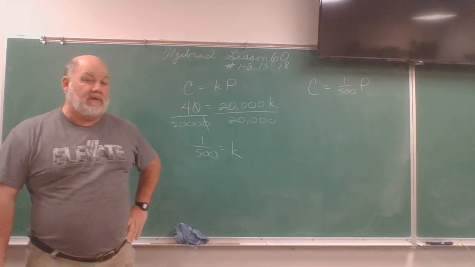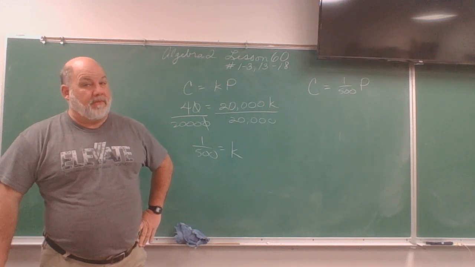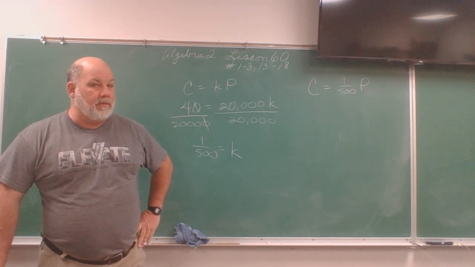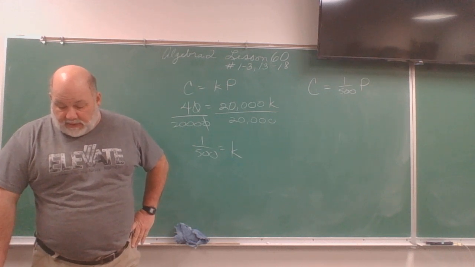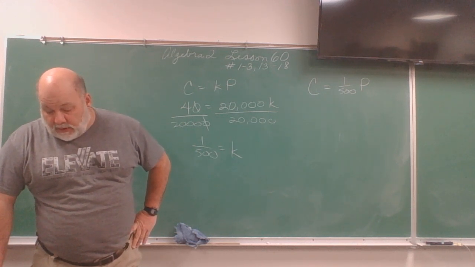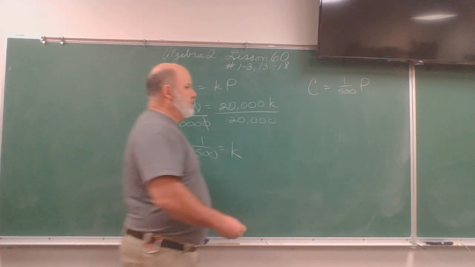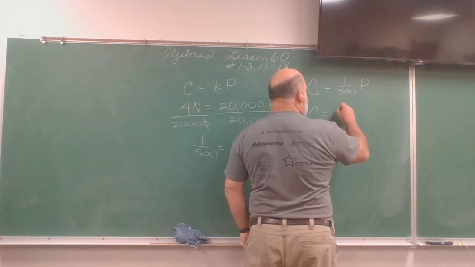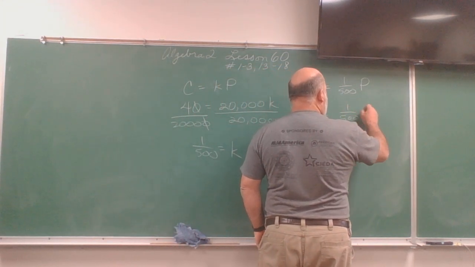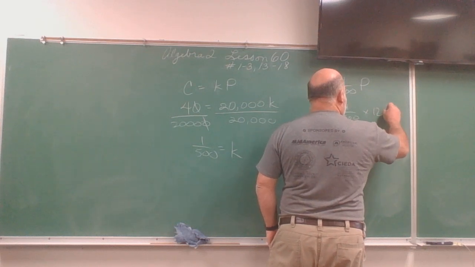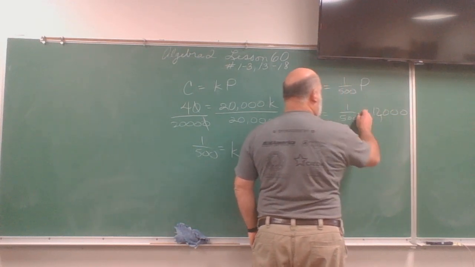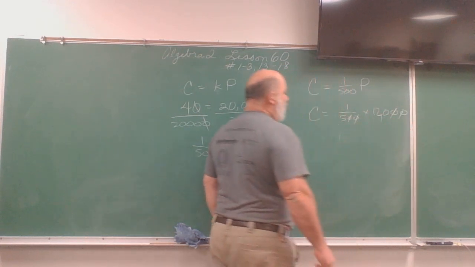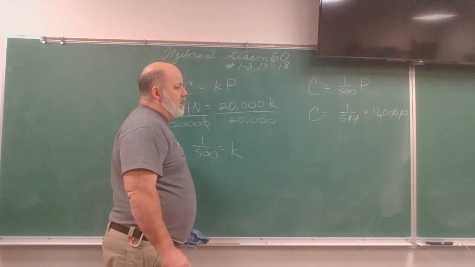So now they're going to give us either the number of clowns, go find the number of performers, or give us the number of performers, and go find the number of clowns. What do they give us? How many clowns were there if there were 12,000 performers? I don't like this at all. 2's crossed out. What's 120 divided by 5?